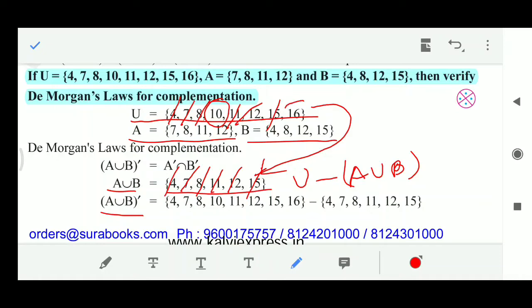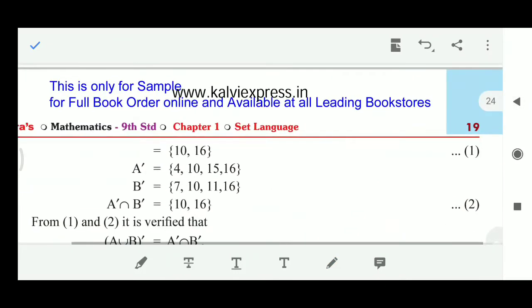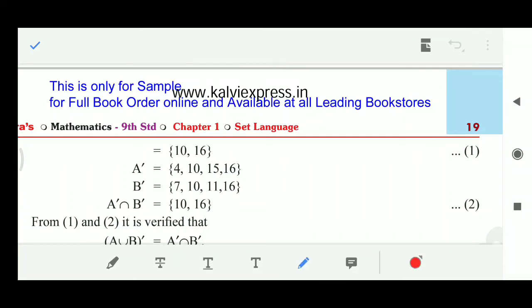So 10 and 16 is the A union B whole dash.